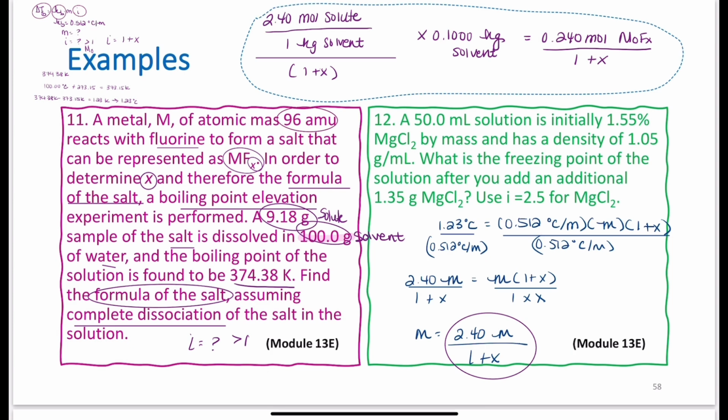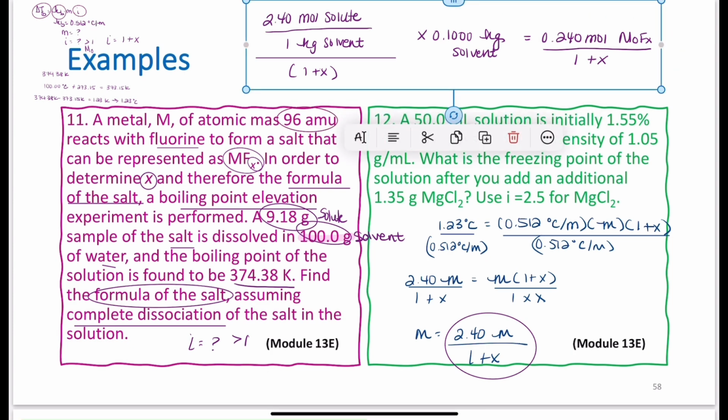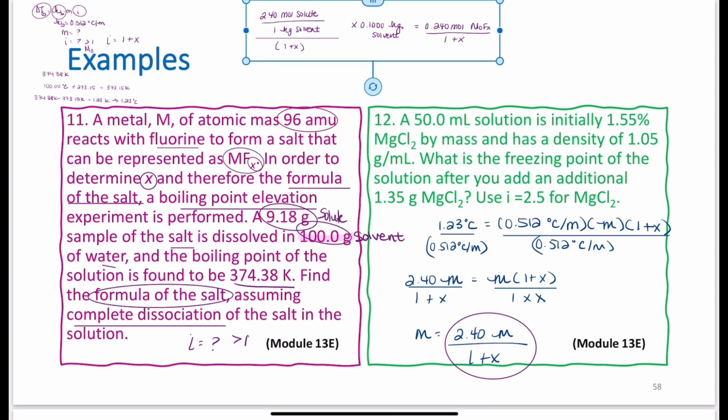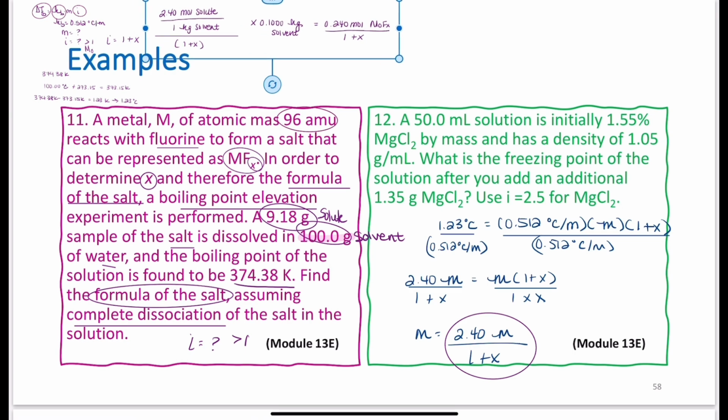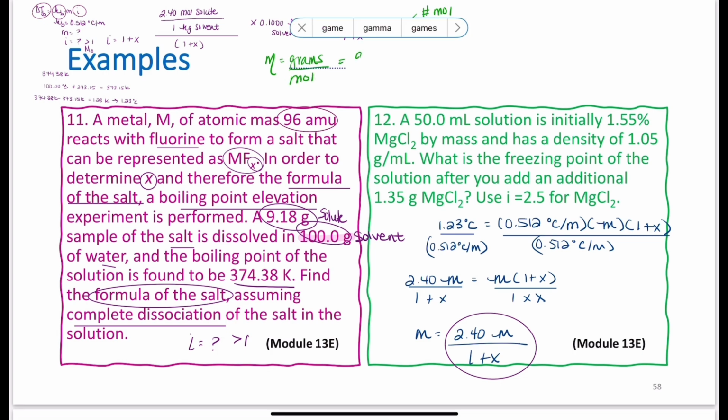We really don't have enough room on this slide. So again, this is my moles. Remember when you're solving molar mass, it's always grams over moles. Same thing here. I know I had, what did I have? 9.18? Yep, 9.18 grams of the MOFX.